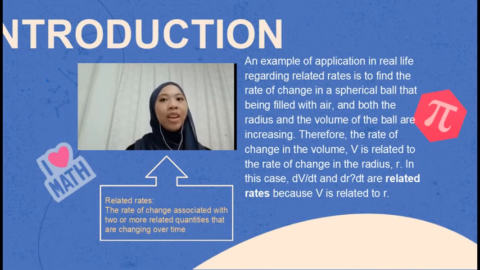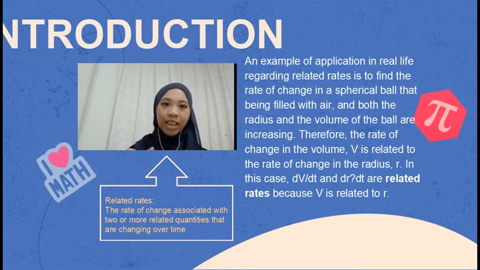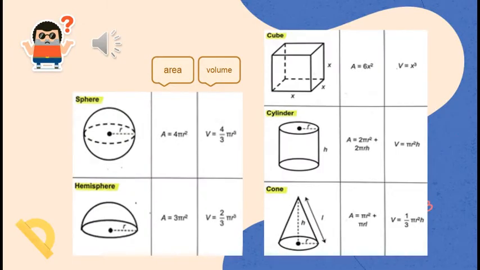In this case, dV over dt and dr over dt are related rates because V is related to r. To find the related rate, we must know some formulas. As you can see here, different solid figures have different area and volume. Therefore, here I attach some formulas of area and volume.